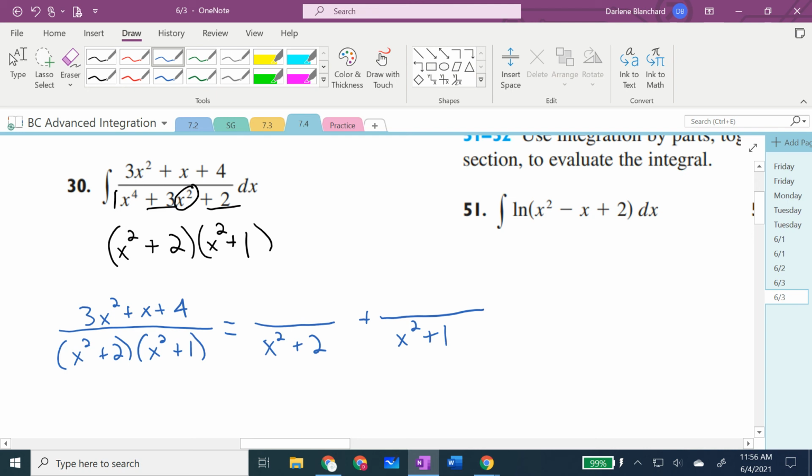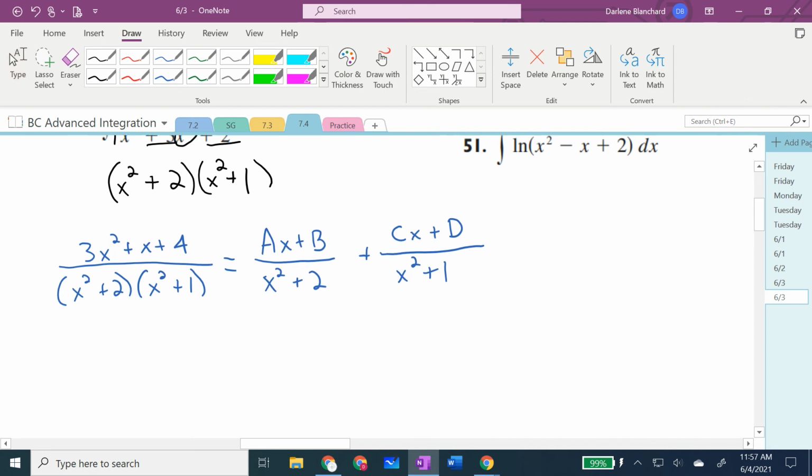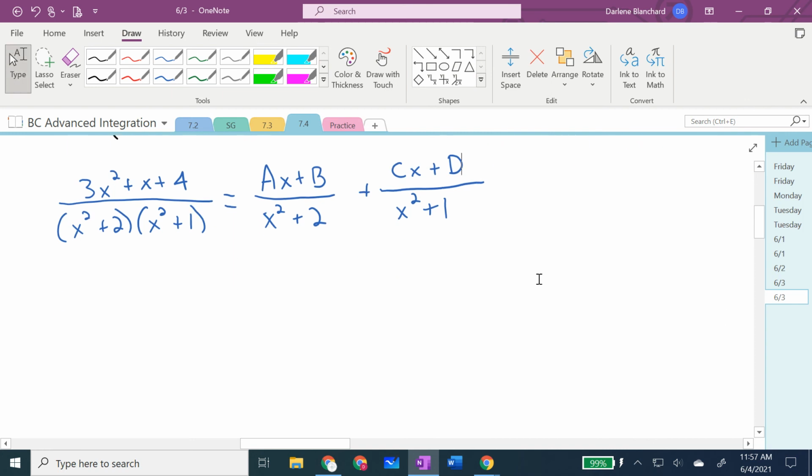So with two quadratic factors, each one as its lone denominator needs to have a lesser degree polynomial above it, which would be linear. Then I need to multiply both sides by the denominator.